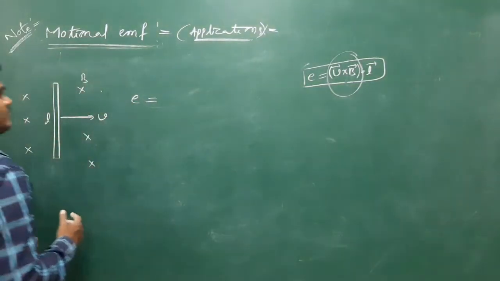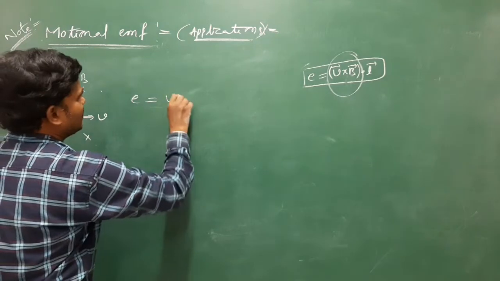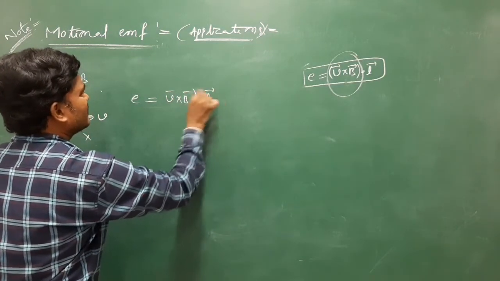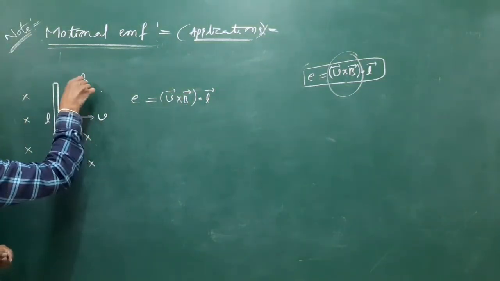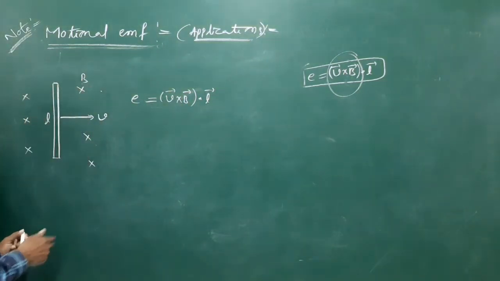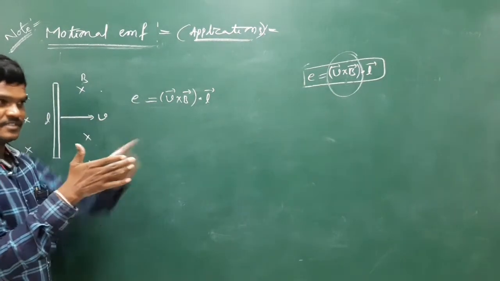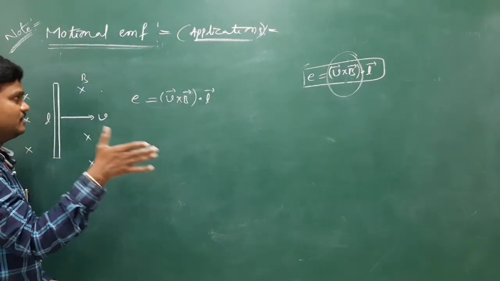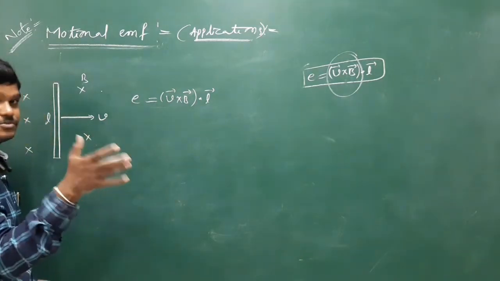Let us check. What is the angle between V and B? The actual formula is V cross B dot L. Now let us verify. Here it's not the right hand palm rule, just use the cross product.